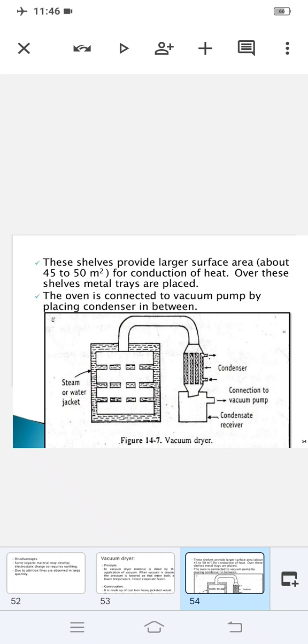So what are the various uses of our vacuum dryer? First, it is very good for heat sensitive materials which undergo decomposition, and for dusty and hygroscopic materials too.